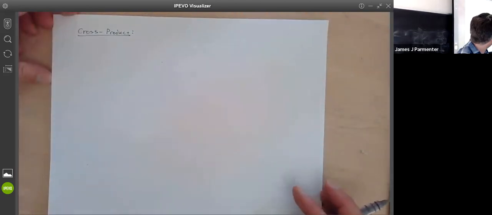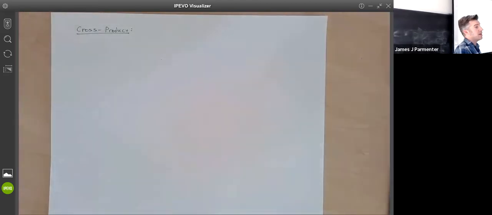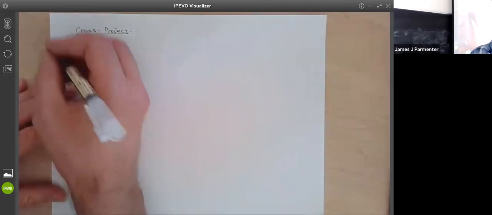So here is one way of calculating it that is almost never the way we're going to calculate it. Just like we don't typically calculate the dot product as the magnitude of U times the magnitude of V times cosine of the angle between them, we typically don't calculate the cross product in the following way.